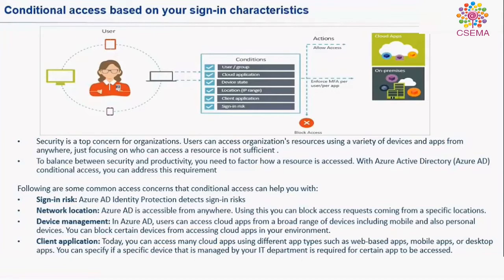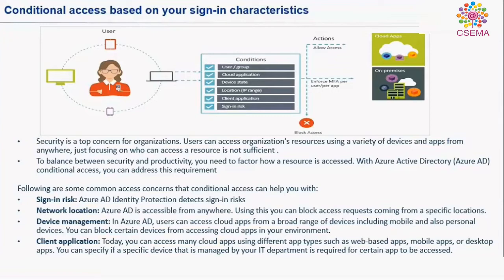So following are some of the common access concerns with conditional access. Sign-in risk, again, we spoke about this. The network location, like I had explained, users can sign in from their home, from an internet cafe, or from the office. Device management, again, we talked about the different types of devices which all of us can use to gain access to company data.